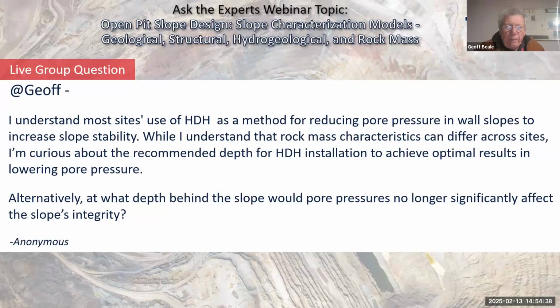And there's a couple of slope failures that I've been involved with that have been triggered by drilling horizontal drains that are too deep.